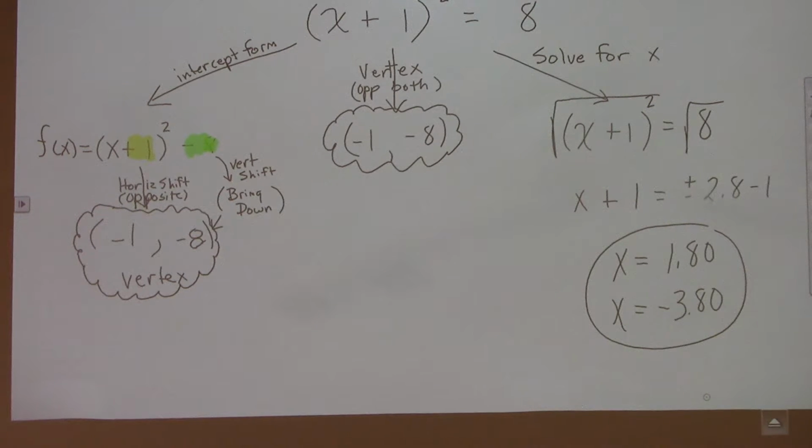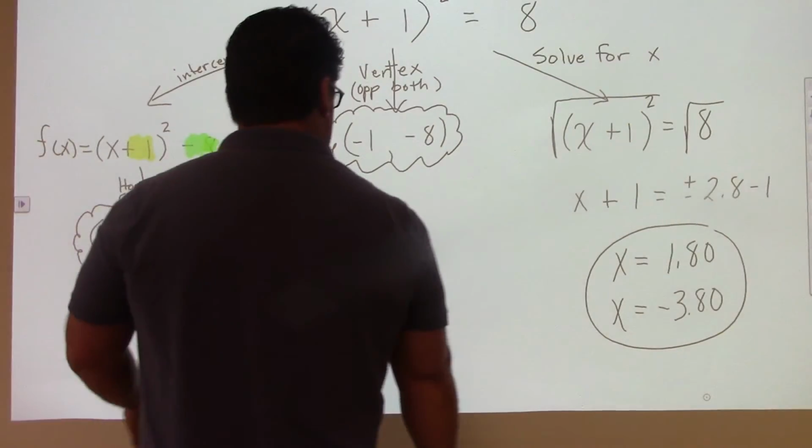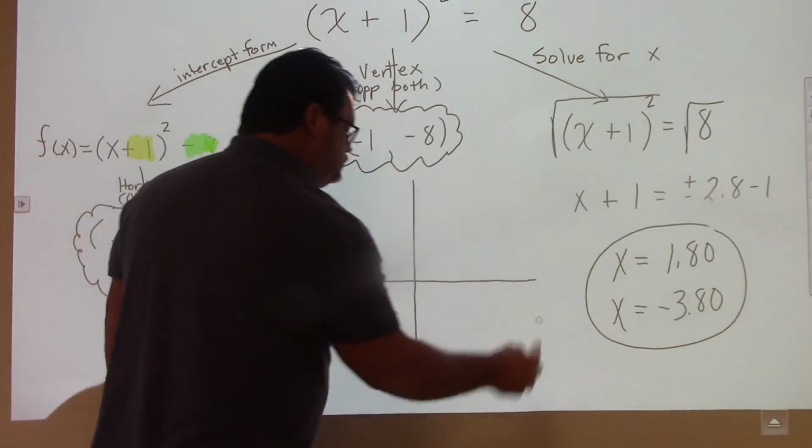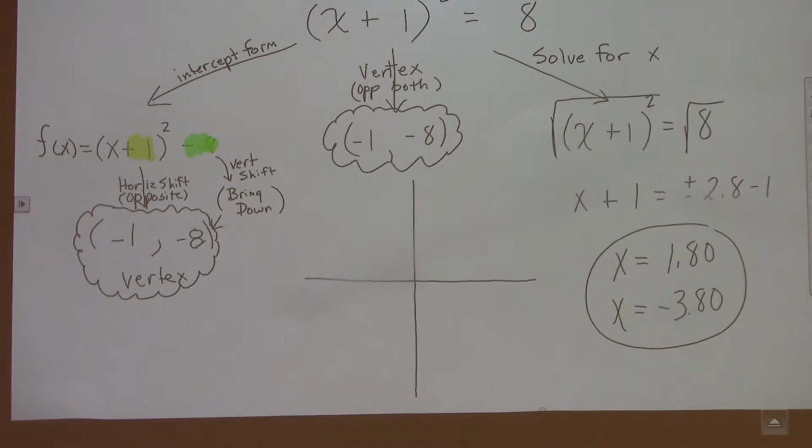And now you've got your y-intercept, you've got your vertex, and you've got your x-intercepts. Now what are you going to do with those four things? Sketch it. So if you've got graph paper, that's good. If you don't, then just do the best you can. What was my x-intercept? 7?